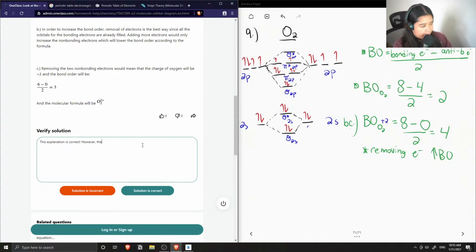Okay, so this explanation is correct. However, the bonding electrons are located in the sigma and pi orbitals, whereas the antibonding electrons are in the sigma star and pi star orbitals.